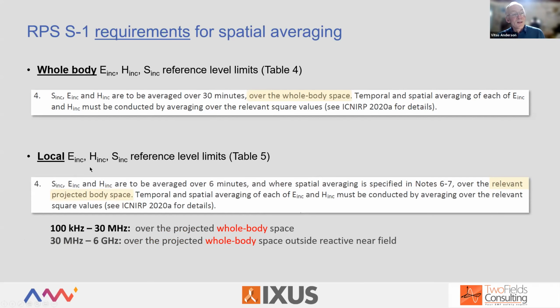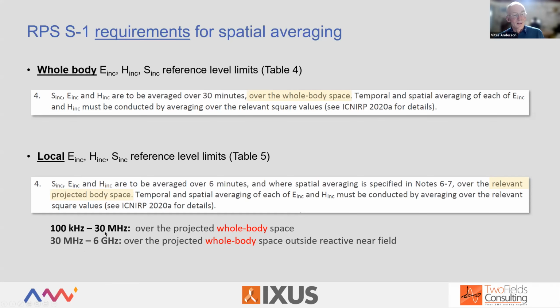For the local E, H and S reference limits, in table 5, again, we have a very similar note where it requires that S, E, and H are to be averaged over 6 minutes, and where spatial averaging is specified in notes 6 to 7 over the projected body space. Then later on down in the notes, it defines what that projected body space is.